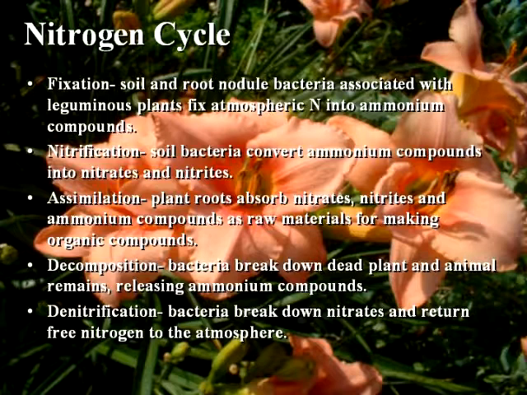From there, plants can assimilate these materials. So the roots actually can absorb the nitrates and nitrites, and also even some of those ammonium compounds can be directly absorbed by plants. And these are the raw materials from which plants are making organic compounds like proteins.